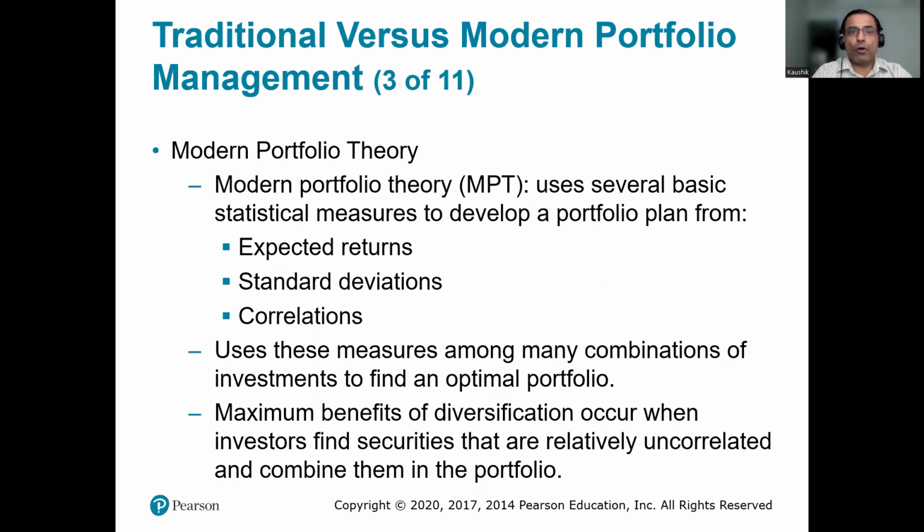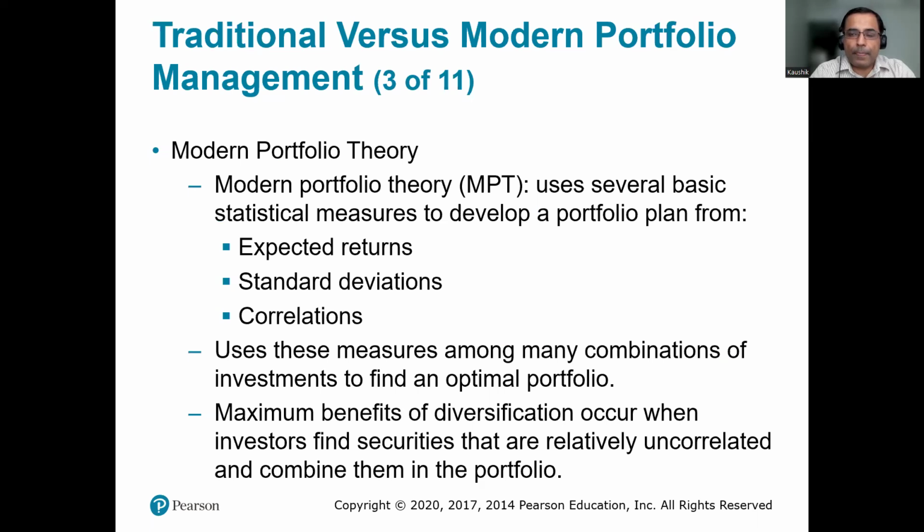However, modern portfolio theory has a different approach. It does not look at different sectors and well-known companies within those sectors. Rather, it looks at the expected returns, standard deviation, and correlation between different assets, the assets which are considered to be included in the portfolio.